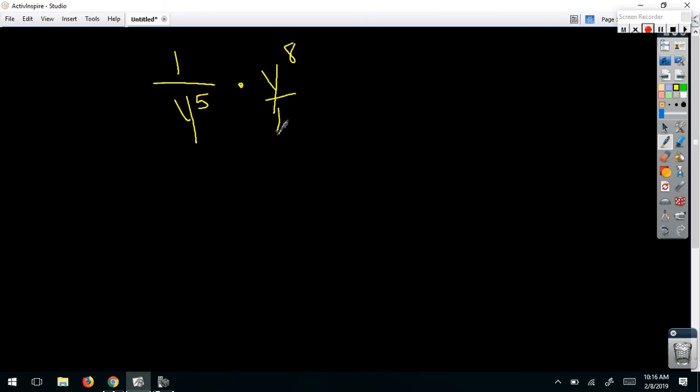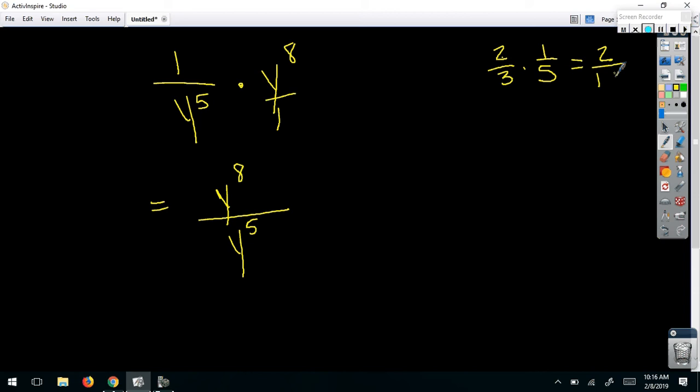So, what would this become if you multiplied them together? 1 times y to the 8th, y to the 8th, over any fraction that you have. You told me, if I have 2/3 times 1/5, you do top times top, bottom times bottom, right? So I did the same thing here, top times top and bottom times bottom. Okay, so how do you do that? 8 times 1 and 5 times 1.